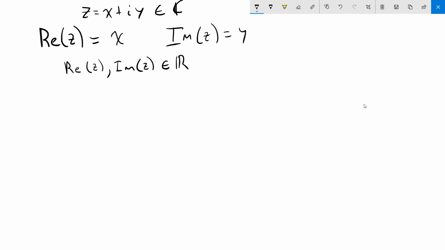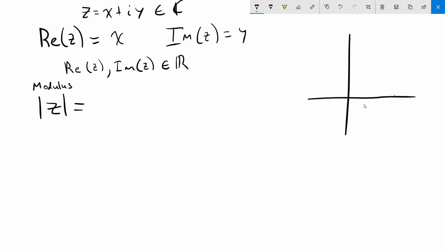So another thing that we're going to define, modulus of z or length of z, different ways of calling it. So we're going to call it the modulus. So the modulus of z is going to be defined as the Pythagorean length. So if we were to look at this in the plane, if we have just some random point z, we're just going to say is x, y. Well, this is our triangle we're using.